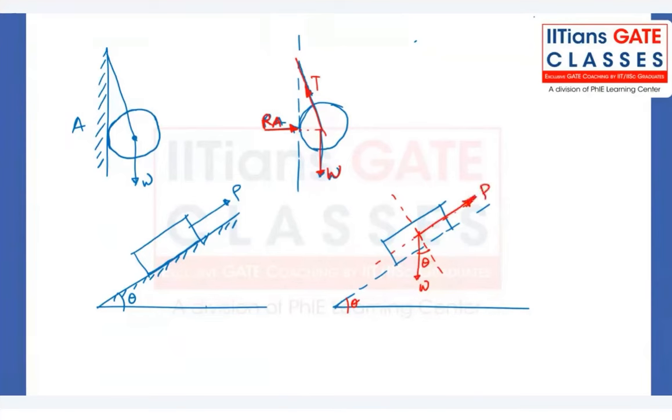Are you following? And we have one vertical reaction as well, coming from this surface A, let's call it RA. So we have weight of the block W, P force, and the reaction.